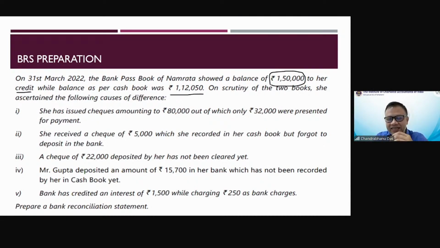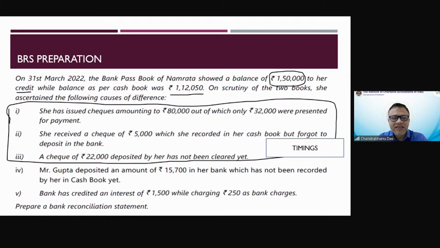When you have received the check and recorded it in the cash book, there is no error in the cash book, but you have not gone to deposit in the bank. So this will come under the timing differences. I repeat, 1, 2, 3 will come under the timing difference. Why? Because you have got a check, you have recorded it in the cash book, but you have forgotten to deposit it in the bank.